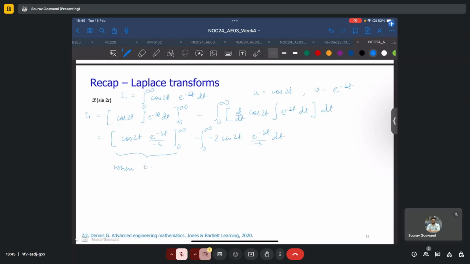When t is equal to 0, cos 2t is 1 and e power minus st by minus s becomes simply minus 1 by s.